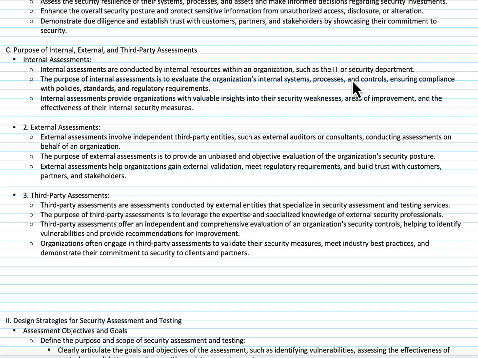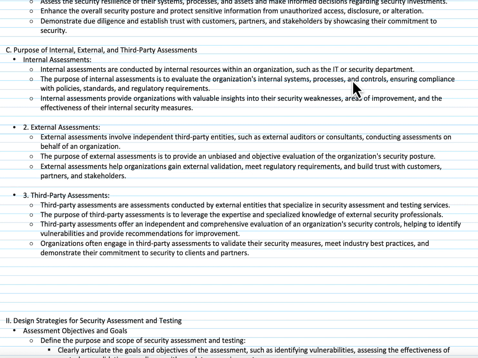What happens in these situations is they leverage the expertise and specialized knowledge of external security professionals. So they are very specific, very targeted in what they're looking for. And therefore, they provide a comprehensive evaluation of your overall security controls, identify vulnerabilities, and then provide some sort of recommendation to you.